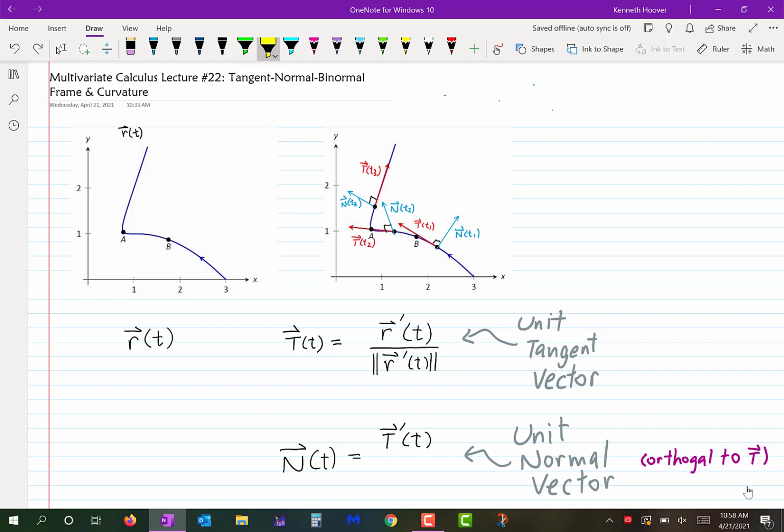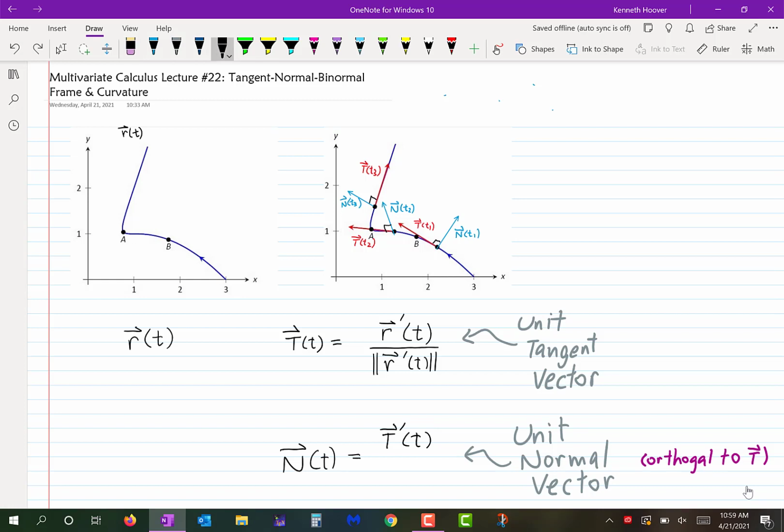So when I put capital T prime right here, it is guaranteed that this vector will be orthogonal to the tangent vector. But it's not guaranteed to have a length of 1. Just because capital T has a length of 1 does not mean that capital T prime will have a length of 1.